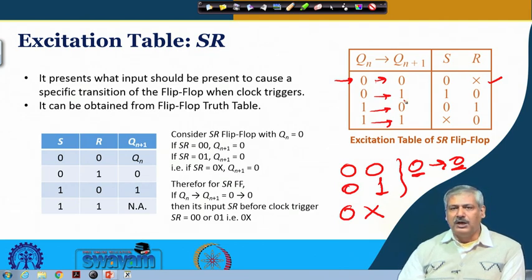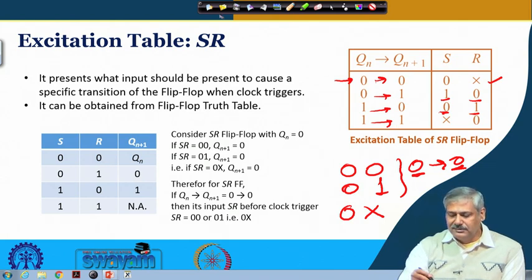So for 0 to 1, the previous value was 0, next value is 1. So you can understand from the truth table that input required is 1 and 0, it is becoming set. 0, 0 will not help because previous value will be retained. So if you put 0, 0, then 0 will remain 0 only. So only option left is you have to put 1 and 0.